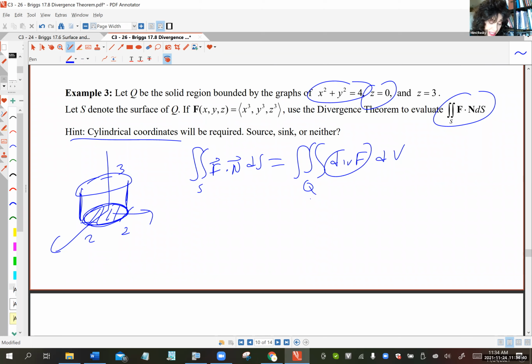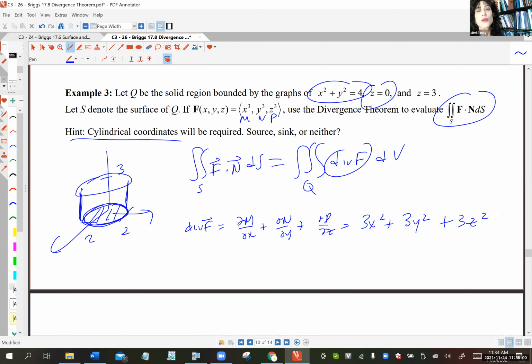So let's go ahead and get the divergence of F, because we've got M, N, and P. And so we know that the divergence of F is dM/dx plus dN/dy plus dP/dz: 3x squared plus 3y squared plus 3z squared. Now, why are we converting to cylindrical and not spherical?